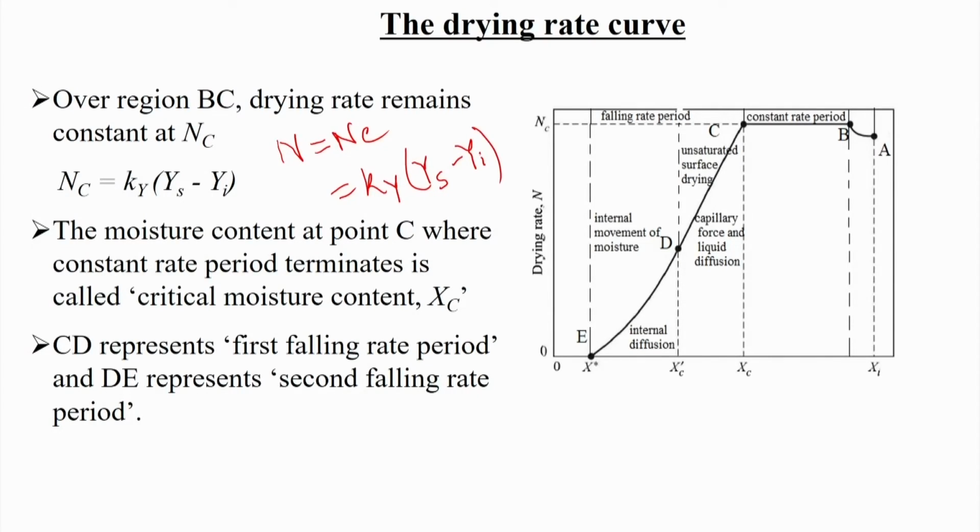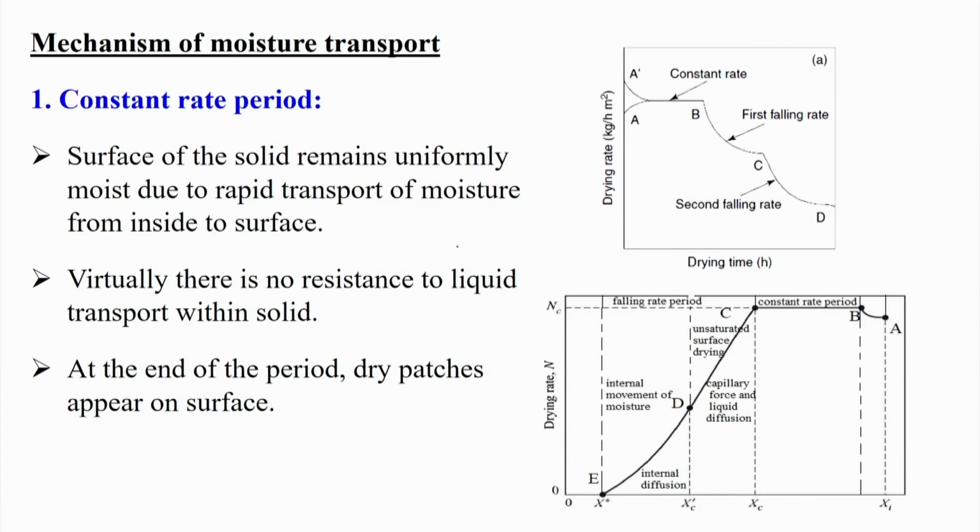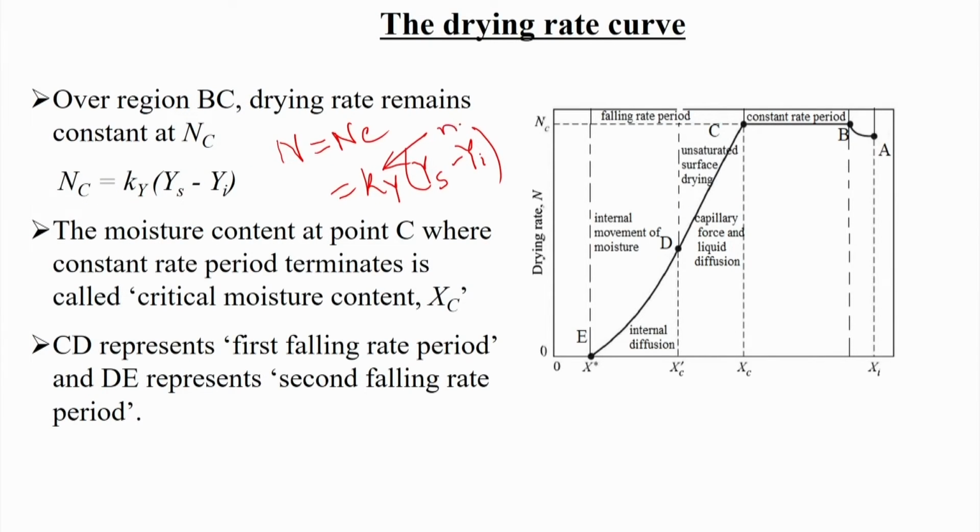Here K y is the mass transfer coefficient, y I is the initial humidity, and y s is the humidity at the final condition.